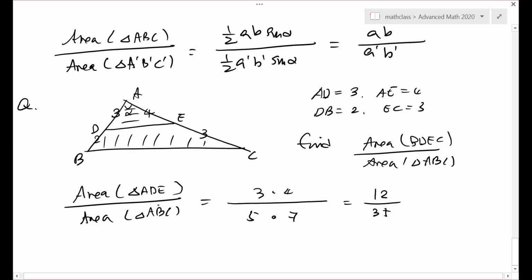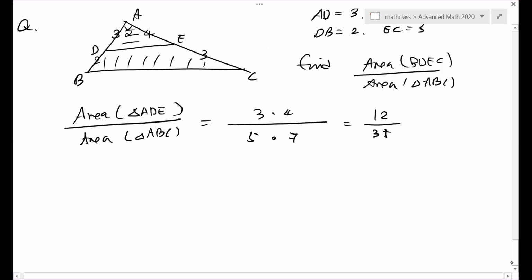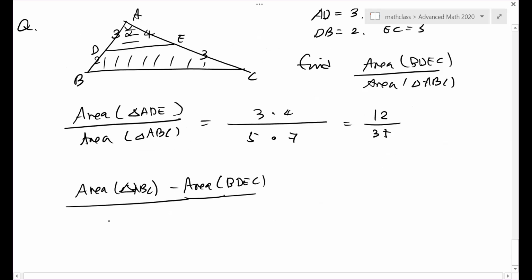Now, this is not what we want, right? What we want is the numerator to be the area of triangle ABC minus the area of ADE, that is, the area of BDEC. Then you can find the ratio.